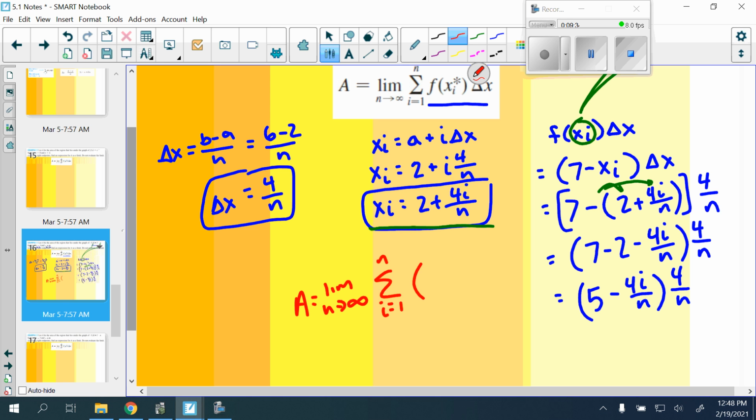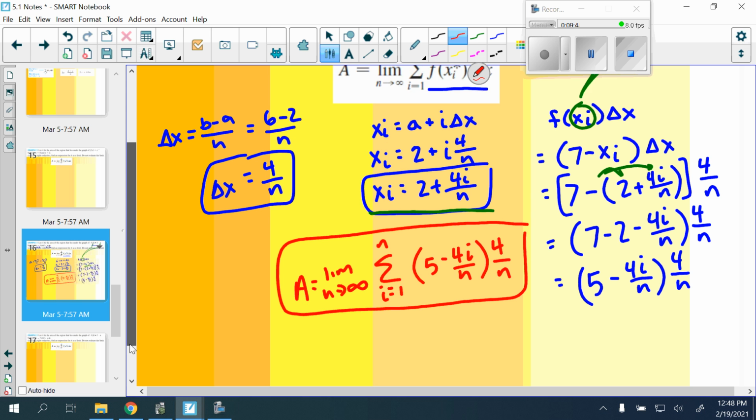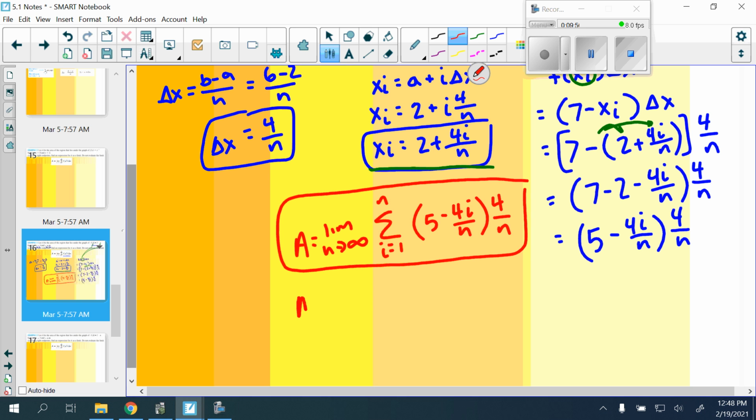So 5 minus 4I over n times 4 over n. That answer would be correct. You could also, if you wanted, take that 4 over n and put it in front of the sigma notation, since that can be done after you've done all these other things. So that would work too.